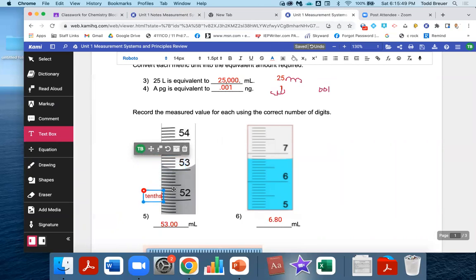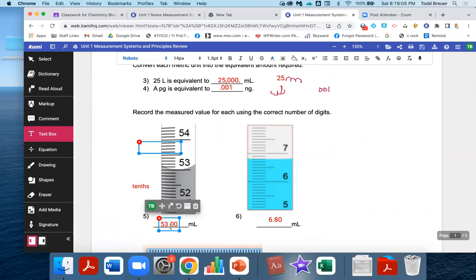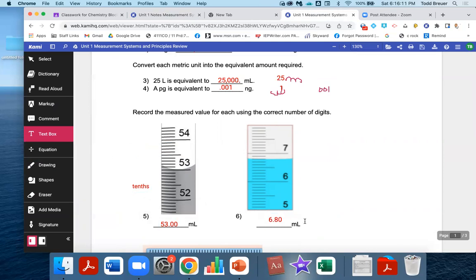For example, 52.1, 52.2, 52.3. Since it's marked by tenths, or the sensitivity is tenths, we have to estimate a hundredths place. Therefore, if we believe it's exactly on 53, it's not good enough to say 53.0. We have to add an additional 0 to communicate how exact this measurement is.